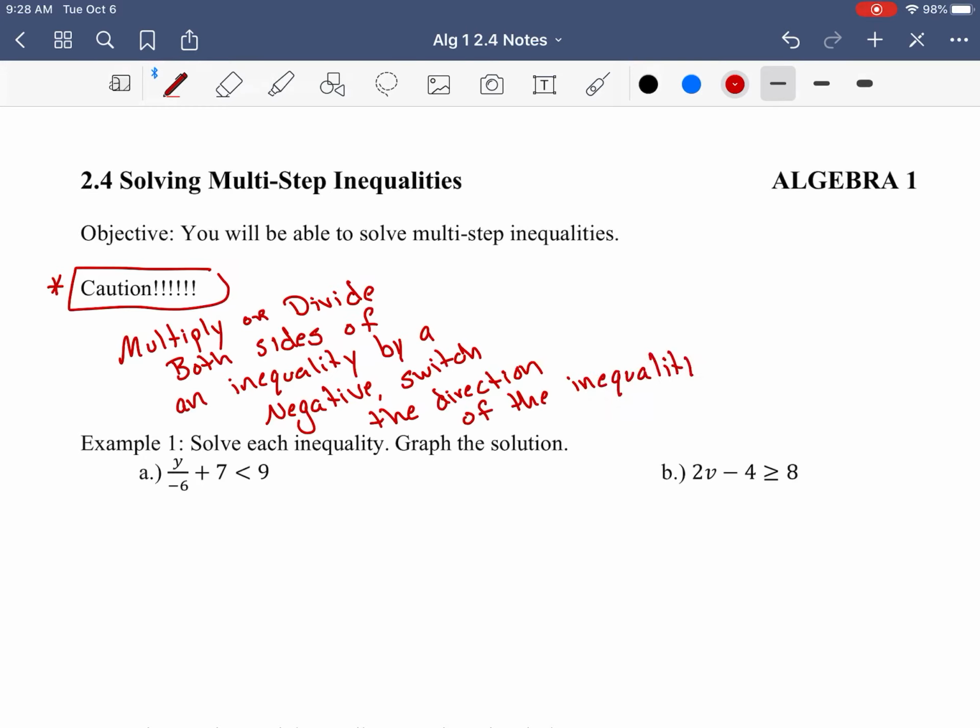So that's a very common mistake. Again, it's for multiplying or dividing both sides by a negative. You have to switch the direction of the inequality. That was from last section.